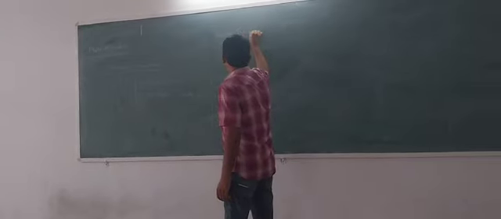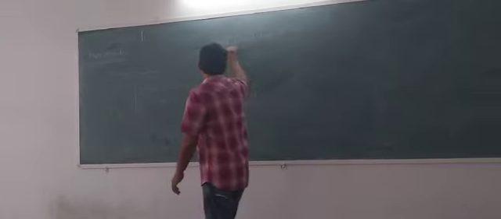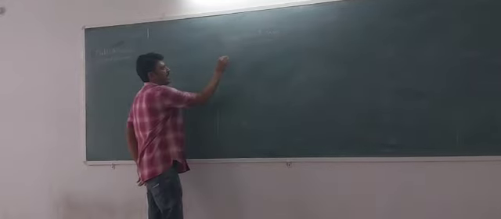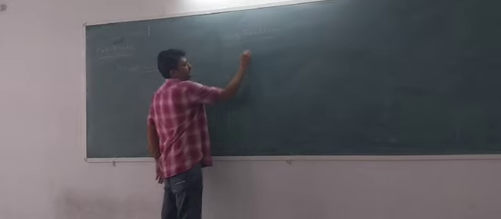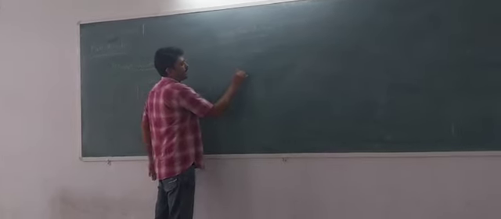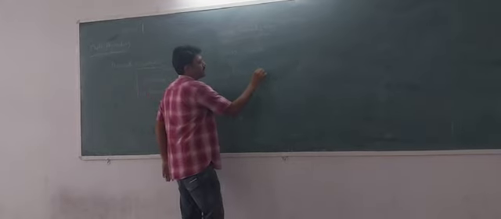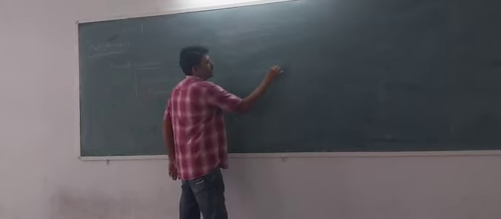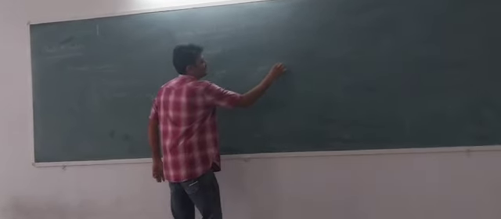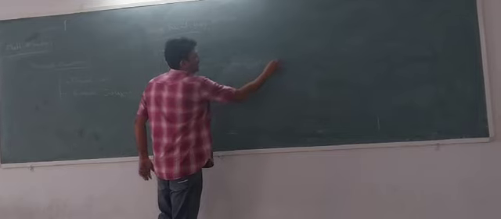Thread class. So how to create a thread using the Thread class? First I'll go with an example, class Thread. In this I'm using public static void main, which takes String args.